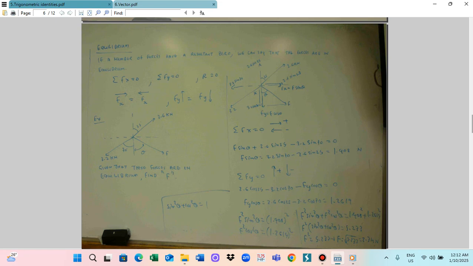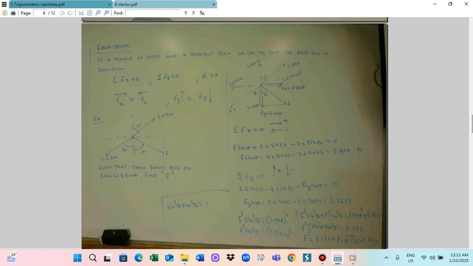And because of this, F sin theta is equal to 3.2 sin 70 minus 2.6 sin 25. By using the calculator, that will be 1.908 Newton. So this is the F sin theta.